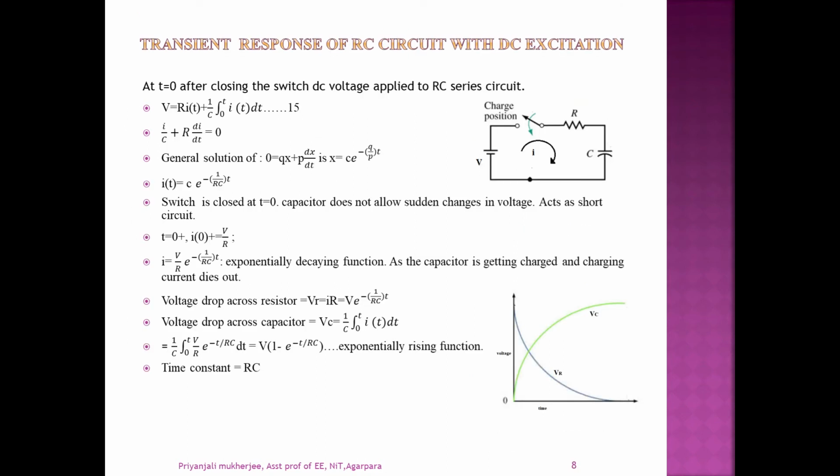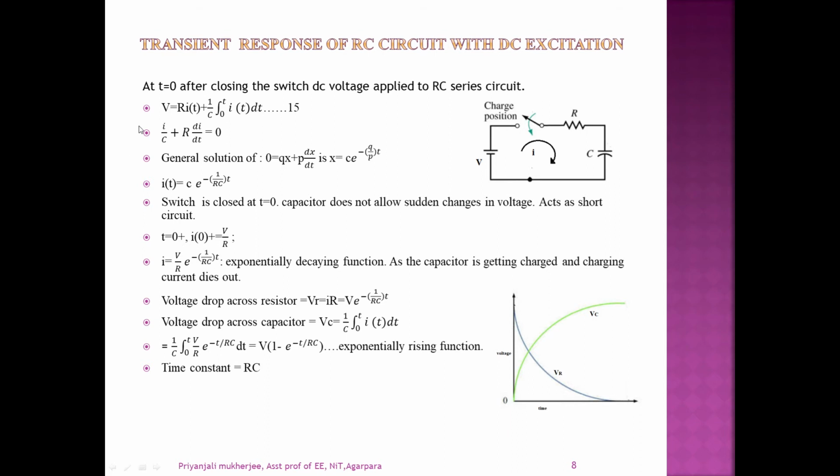Next, we need to consider the transient response of the RC circuit. Here the resistor and capacitor are connected in series, the switch is closed at t equal to 0, and supply voltage V is connected across this RC circuit. Now the total voltage V equals R i plus 1 by C integral of i dt.